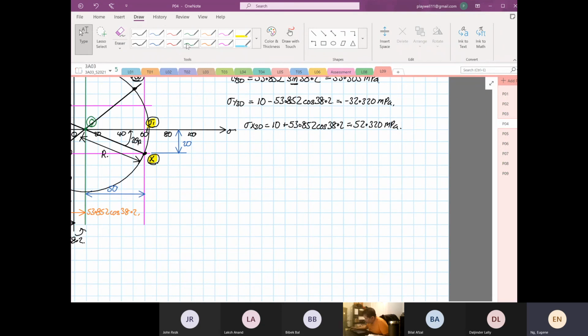So the original line. This is our original X, and this is our Y. It's going to rotate 30 degrees anti-clockwise, because we are doing the element now.